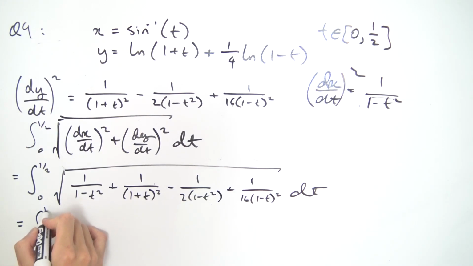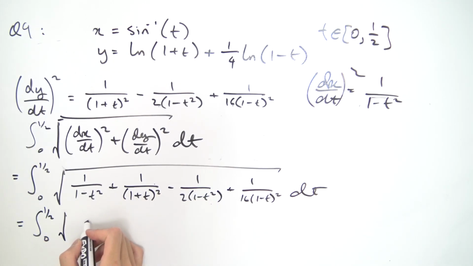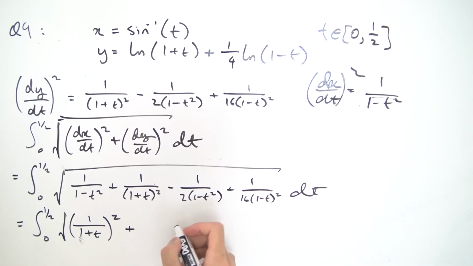So this is supposed to evaluate to the integral from 0 to 1/2 square root. Let's write this first term first, so 1 over, and I'm actually going to write this as 1 plus t, but the whole thing squared, and then plus, so in the exam I accidentally wrote down a negative instead of a plus, but whatever.